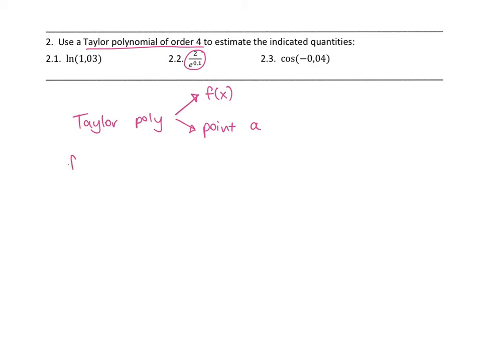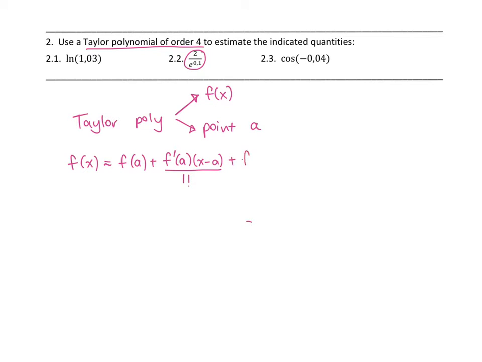Remember that we can approximate any old function around a particular value of x, which we're going to call a, with a polynomial, which we get by taking the value of the function at the point a plus, and then we add on a bunch of terms. So this is the first order term, so we look at the first derivative evaluated at a, and we divide that by 1 factorial, which is just 1.